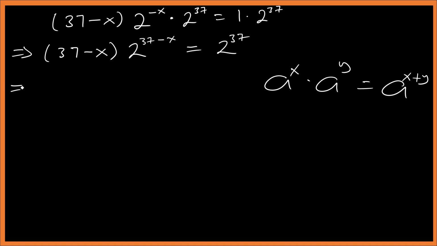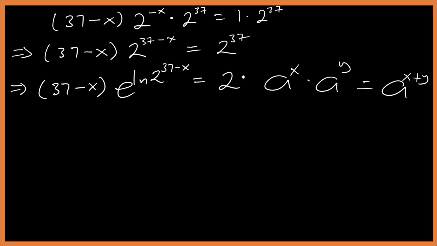So this side will be e raised to ln of 2 exponent 37 minus x equals 2 to the power 37.